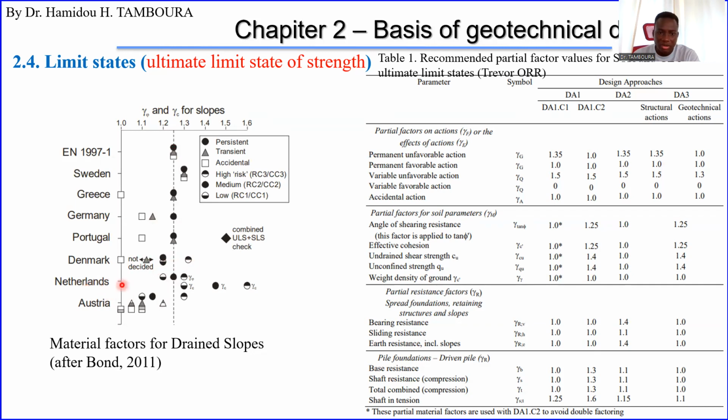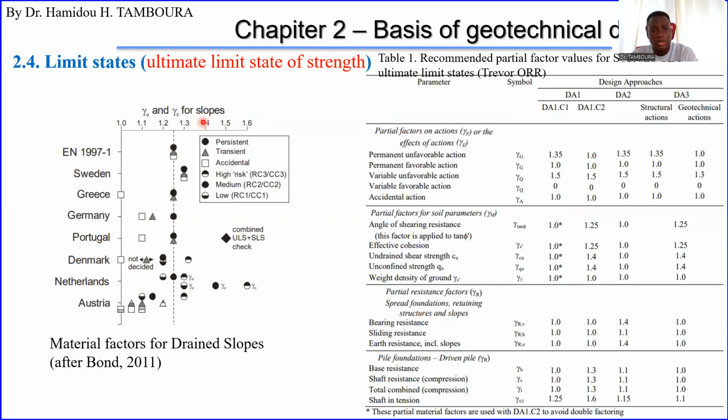In the Netherlands, we have this. It means that even these partial factors, if you go from one country to another, are sometimes different. But some countries are using exactly the value proposed by Eurocode.